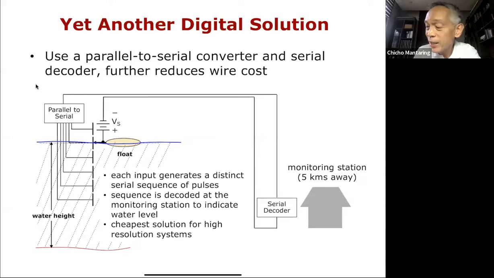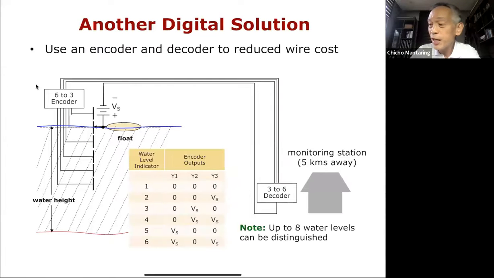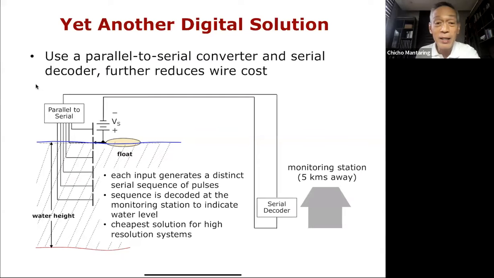So ang mangyayari, each input, depending on which input has a voltage, that's going to translate to a sequence of pulses. So now you have to detect sequences, basically, no? Dito you didn't have to detect sequences. But now here, you have to detect sequences. And then that sequence is decoded here in the monitoring station to indicate water level.